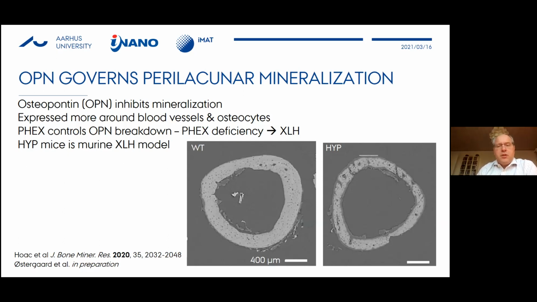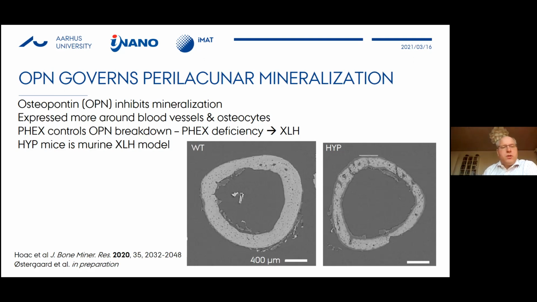And so the light gray are places with lots of mineral, normal bone, and we can see the large dots and small dots. So the small dots would be the osteocyte lacunae, and the large dots would be blood vessels and canals. So in the Hyp mouse, you can see that these canals, and at higher resolution, you would also see around the osteocyte lacunae, are heavily enlarged and surrounded by unmineralized matrix.